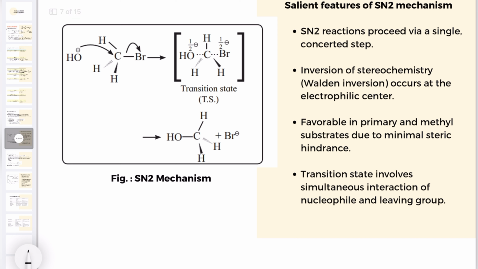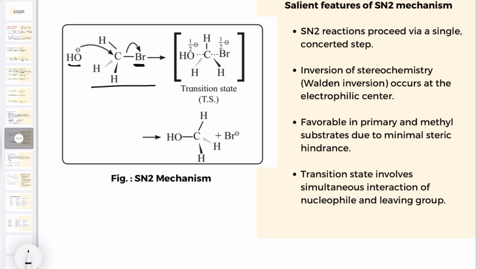Then next, the SN2 mechanism diagram. Here this is our CH3Br molecule on which the attack of the OH minus ion takes place from the opposite side of Br, because Br is bulky and OH is also bulky. Both the bulky groups cannot attack on the same side.